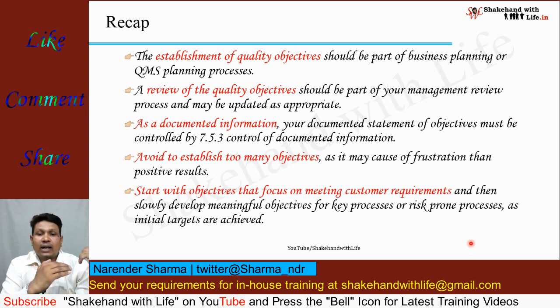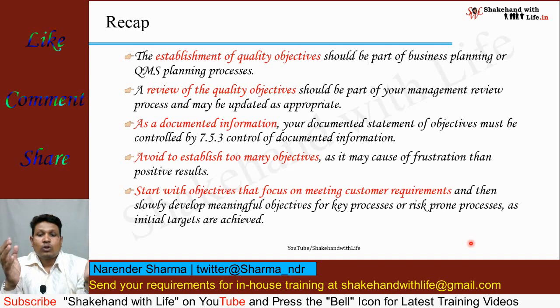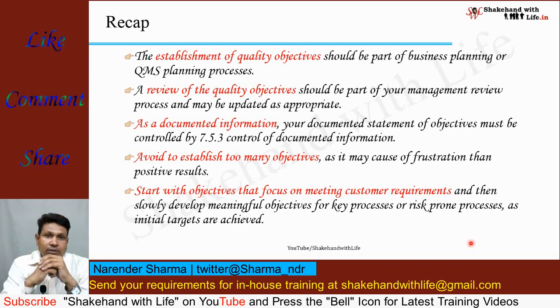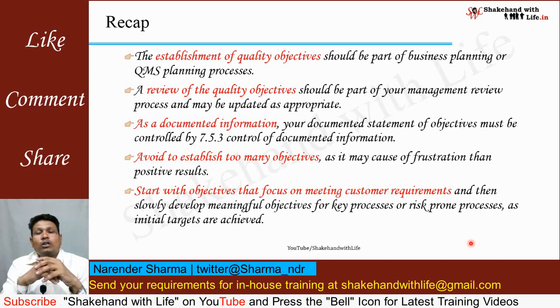When you achieve the initial target, meeting the customer requirements, then you can move up to the slightly more difficult quality objectives such as the key processes or risk prone processes. So this is all about clause number 6.2, the quality objectives and planning to achieve them.